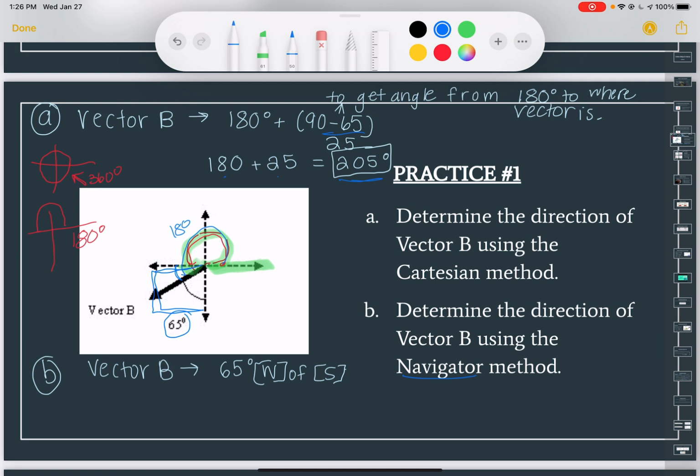Well, we're going west of south. This is south, this is west. So it's going in a southwest direction, or west of south. I honestly don't care if you write southwest. It means the same thing.